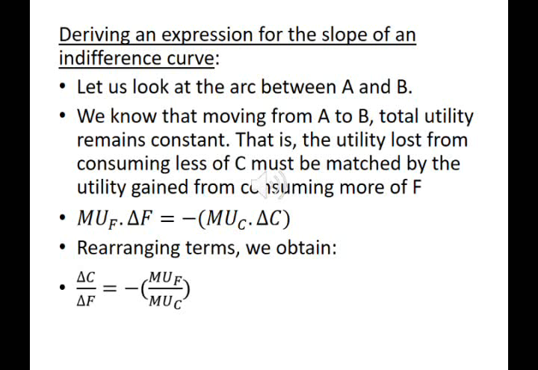If we rearrange these terms, we obtain the following. Delta C over delta F, which is the slope of our indifference curve, will be equal to minus MU F over MU C. And this is the first ingredient, or the first part, of the consumer equilibrium equation that we aim at reaching.